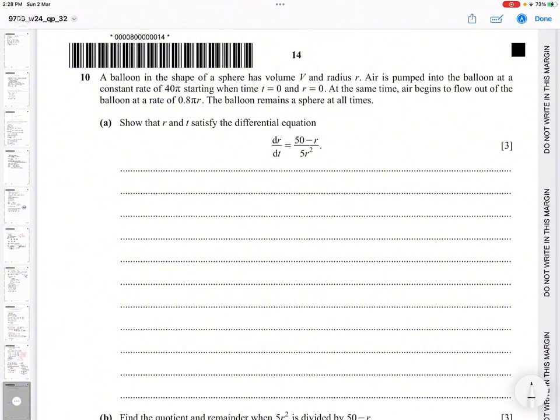Okay, dV over dt means differentiation. For inflow, dV over dt equals 40 pi, given.